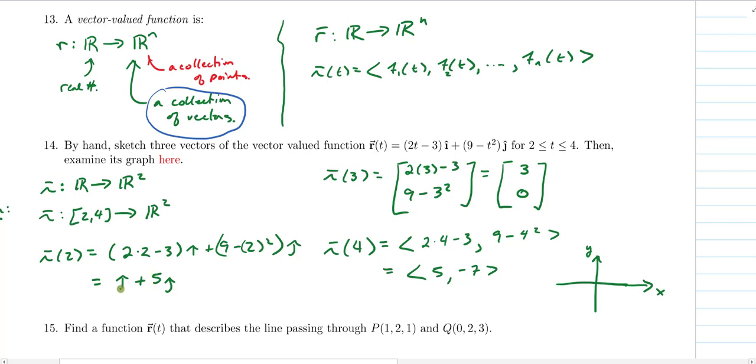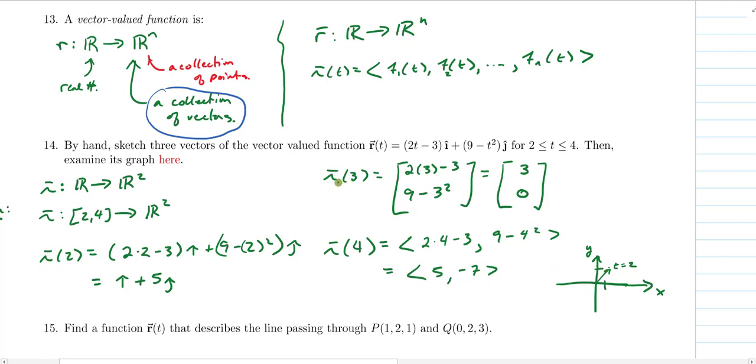So if I plot this first vector, 1, 5, so let's see here, maybe here's 1, and up here, maybe right here, is 5. So this would be the position vector 1, 5, and that's the vector I got when t was equal to 2. So I could label that as t equals 2, or I could also write just r of 2 there.